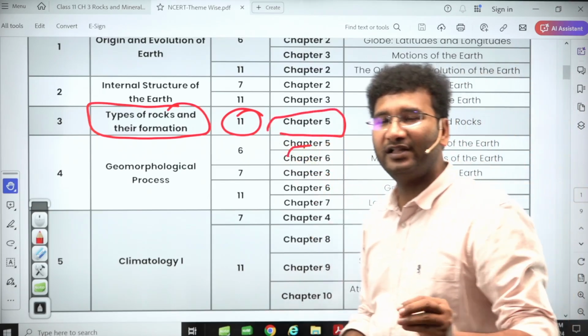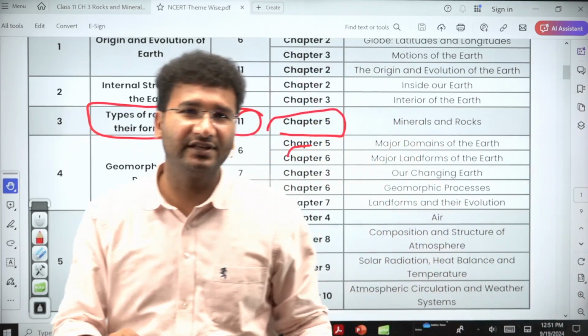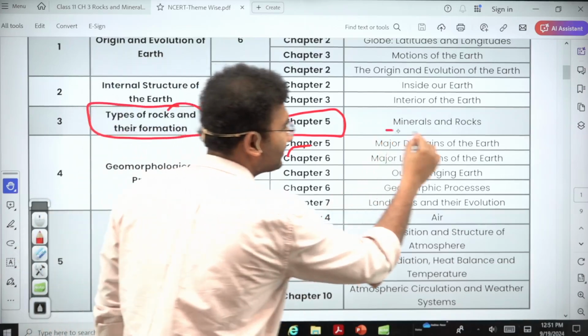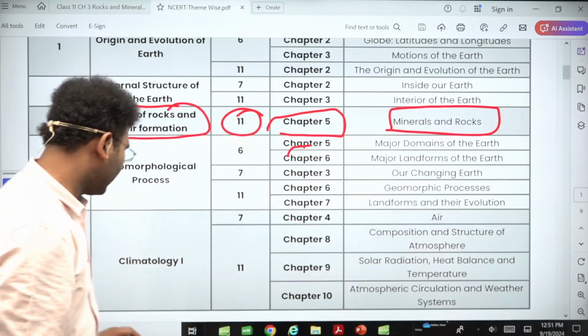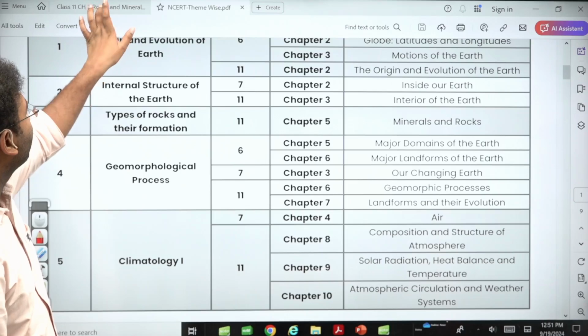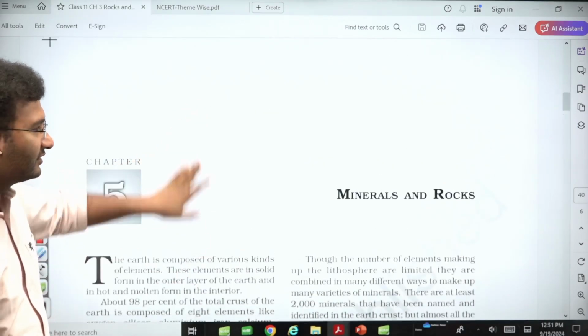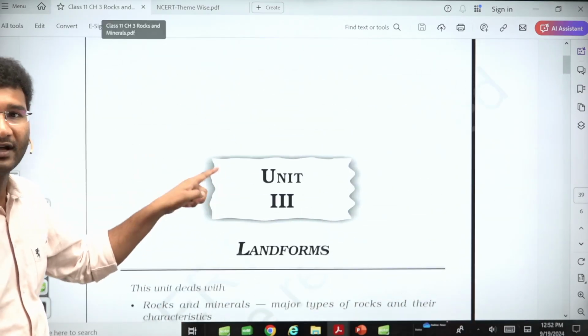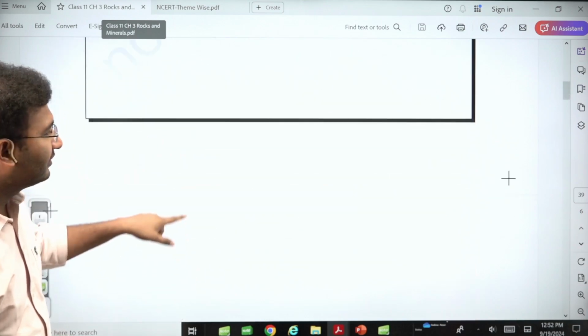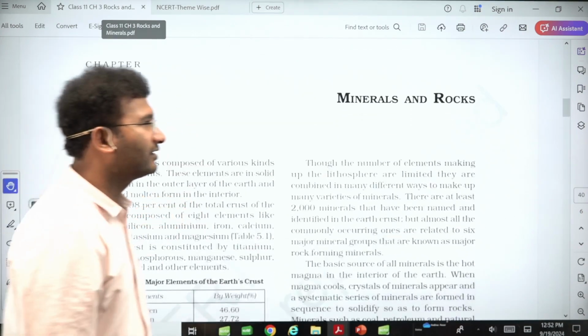Now this is the only chapter of all the NCERTs which deals with the concept of minerals and rocks, right? I'll also show you a sample of this particular chapter. See, this is part of unit number 3, class number 11, and here the chapter name is minerals and rocks.